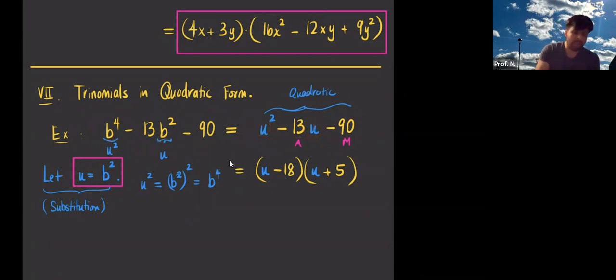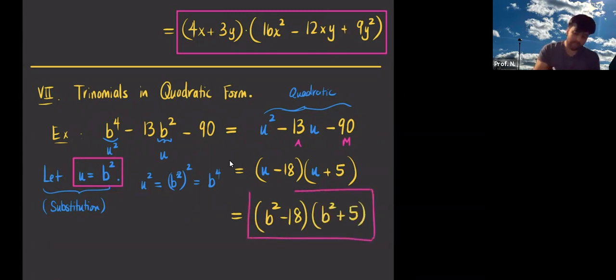So all I have to do now is replace back what u was. And what was u? u was b squared. And this is what I mean by factor by a quadratic form.